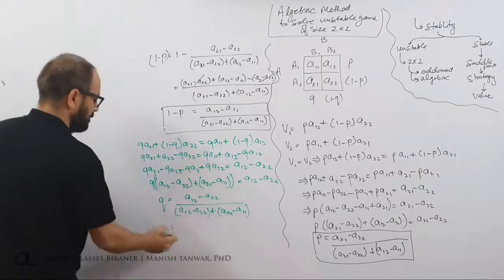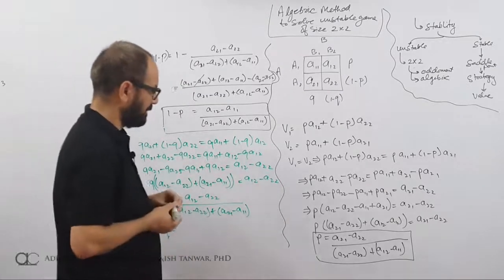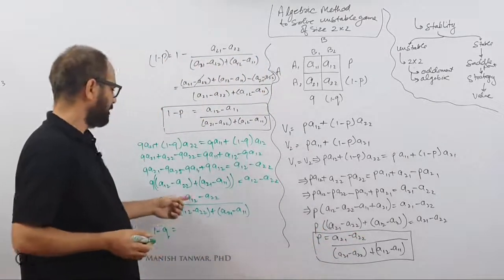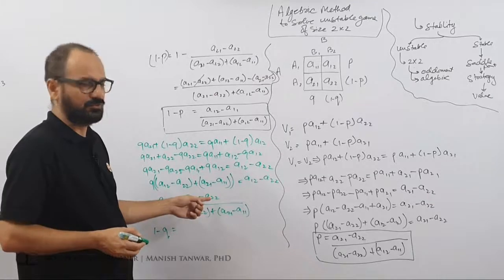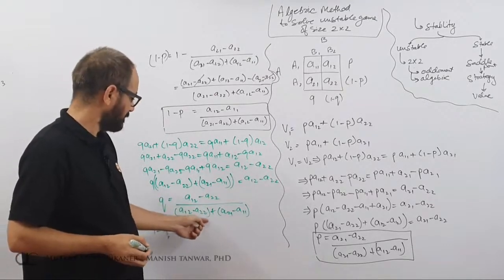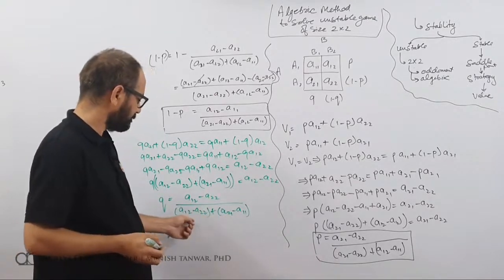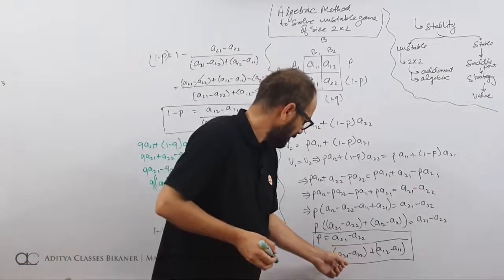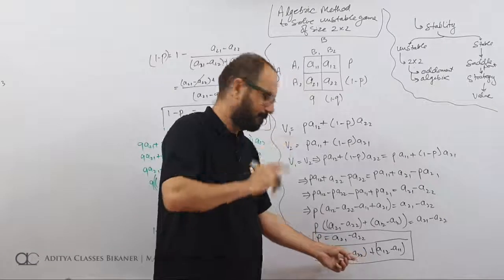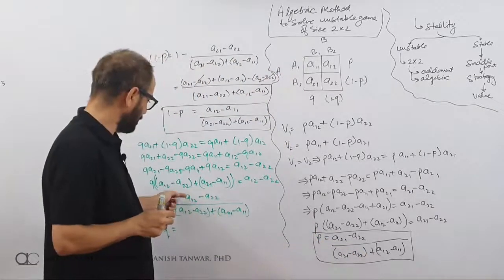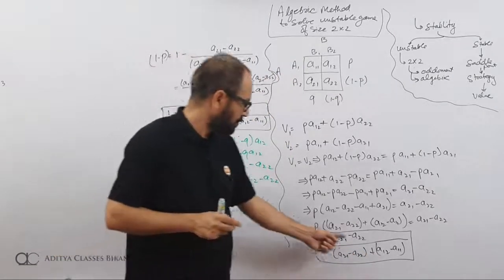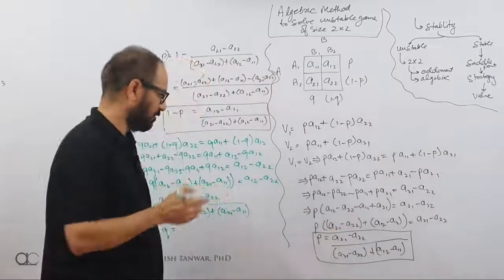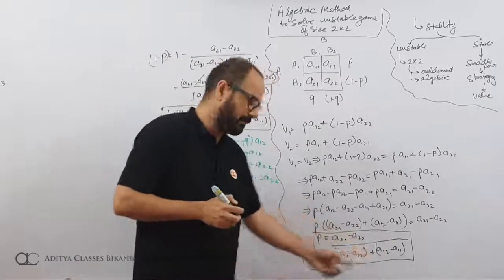1 minus Q would be, you can see P was A21 minus A22 upon the complete thing. Remaining was, everything was the same, A12 minus A22, A21 minus A22.